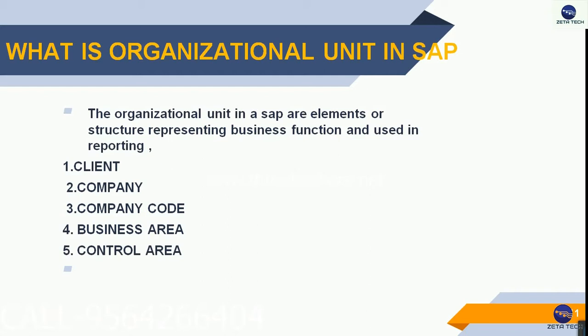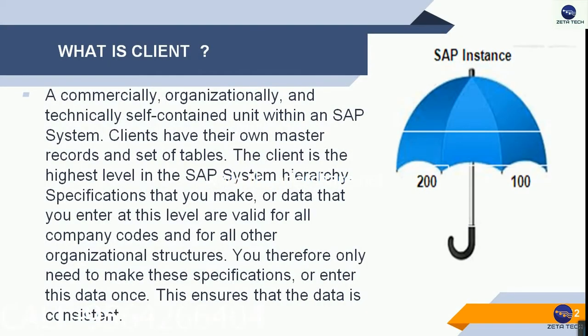Okay, so the first question: what is a client? Client: a commercially, organizationally and technically self-contained unit within a SAP system. A client has its own master records and set of tables.